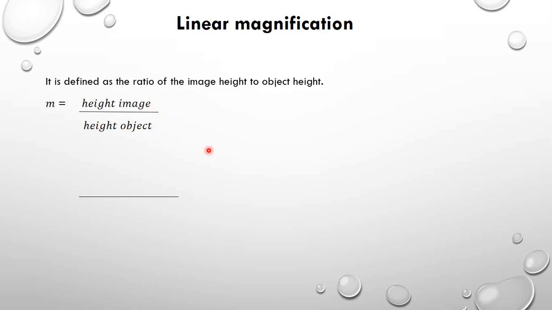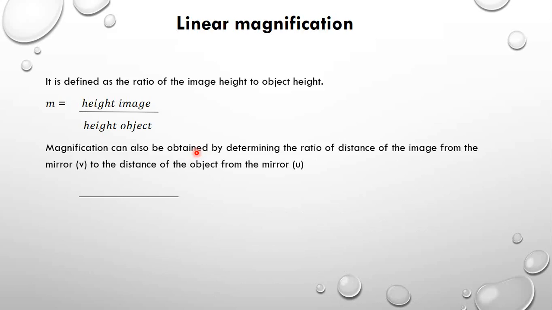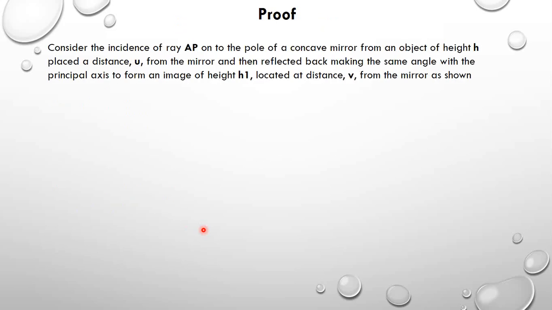We shall also be able to show that magnification can also be given as the image distance over the object distance, m is equal to v over u. This can be shown, and we are going to prove that.